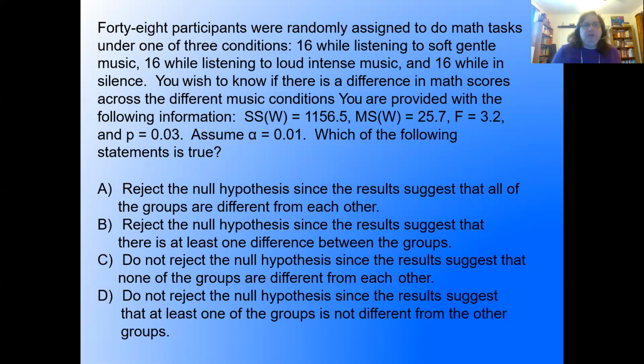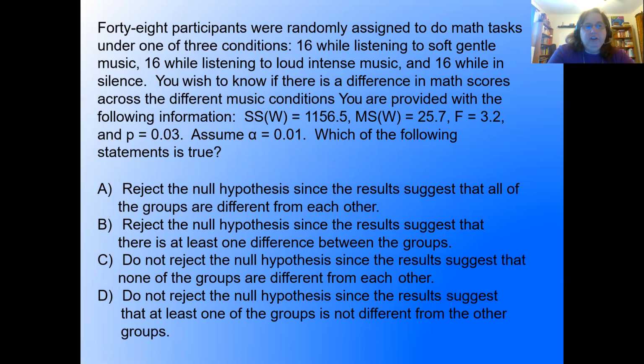You are provided with the following information. SSW equals 1156.5, MSW equals 25.7, F equals 3.2, and P equals 0.03. Assume alpha is 0.01. Which of the following statements is true?